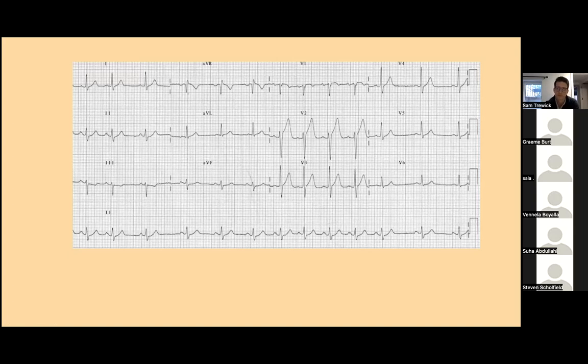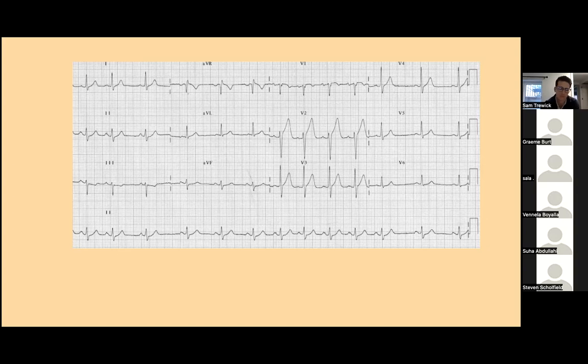Perhaps slightly tachycardic. 13 times 6, so we say 78 beats per minute, so that's normal. Good. However, it does look quite irregular.